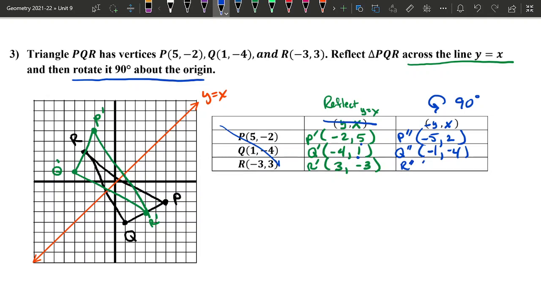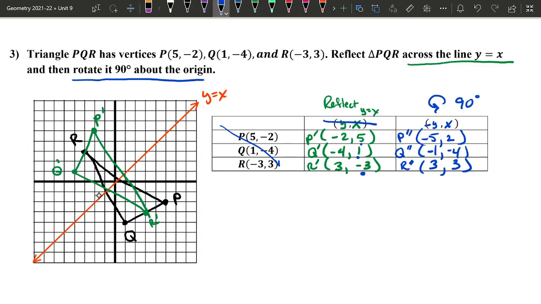So R double prime, we're going to take the negative 3, change the sign so it's positive 3, and then move it to the x's spot. So that's 3, 3. So be careful about that. Once you make a new set of coordinates, forget about everything you did before that. Now that is (x, y). It resets. Once you do a whole set of coordinates, it's (x, y) again.